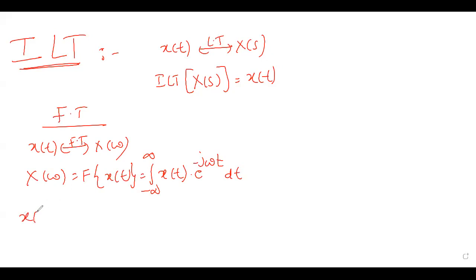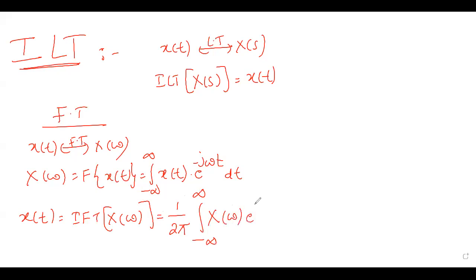Similarly, to retrieve our original time domain function, we have the inverse Fourier transform, which is applied on the transformed function. And what was the formula we had there? 1 by 2 pi, minus infinity to infinity, signal multiplied with e power j omega t, d omega.